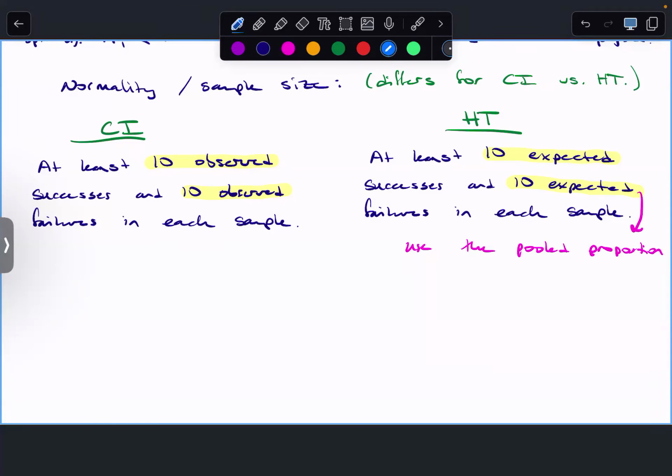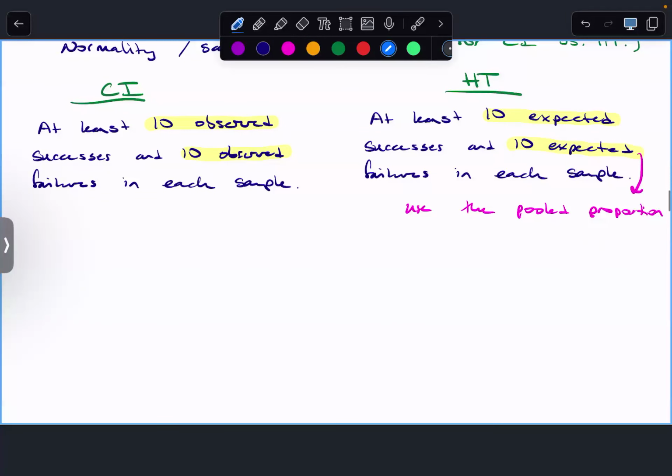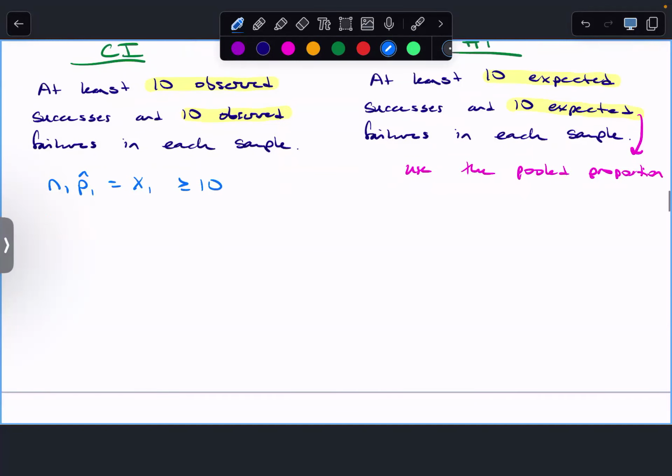How would we check these things? Let's start with the confidence interval. Well, I've got n1 times p1 hat, which is x1, has to be greater than or equal to 10. I have n1 times q1 hat, which is n1 minus x1, has to be greater than or equal to 10. Notice how I give the scenarios.